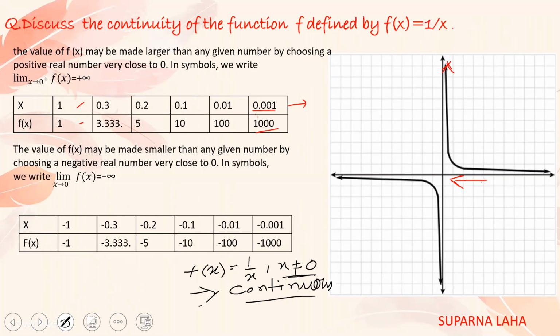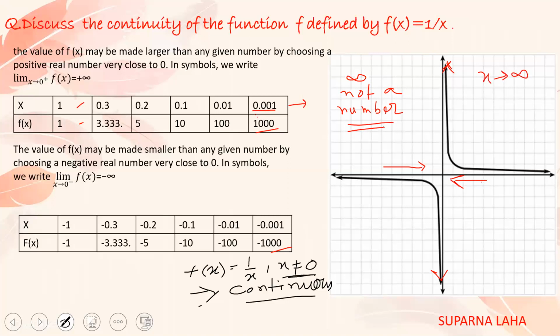And for the negative, if we move from the left hand side, then here also the functional value is moving downwards, that is moving to minus infinite, and for positive one, moving to plus infinite. Now, infinite is not a number. It's an approach. That is, x tends to infinite.